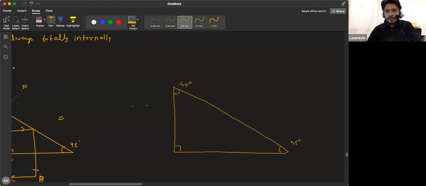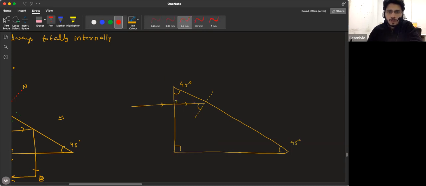So you incident a light ray in this direction. This is how you incident the light. This is the normal. So this ray enters normally into the prism, so it will not refract. There is no refraction here. But when this light ray is incident over this point, this is 90, this is 45.